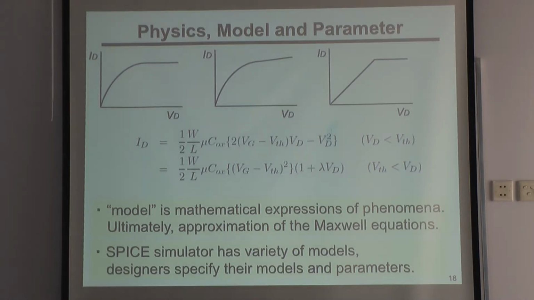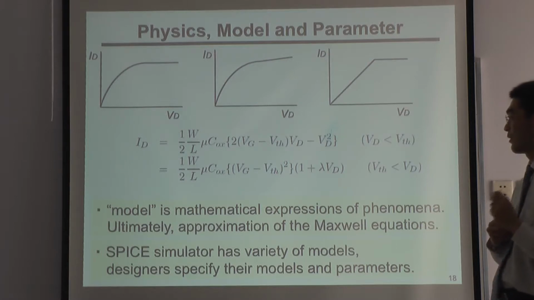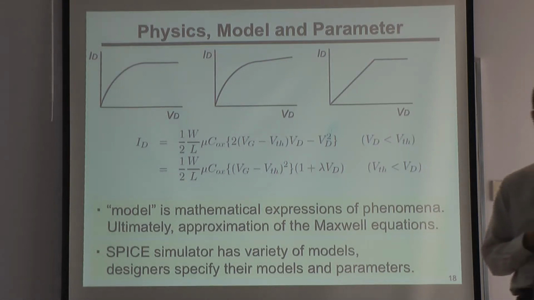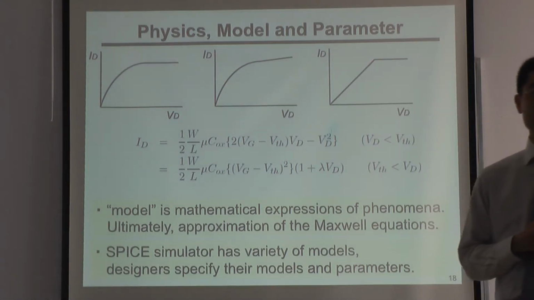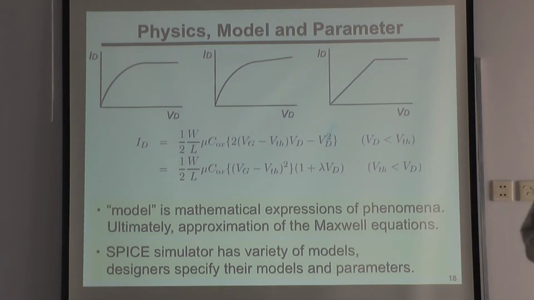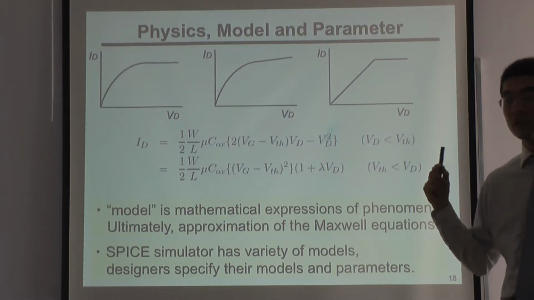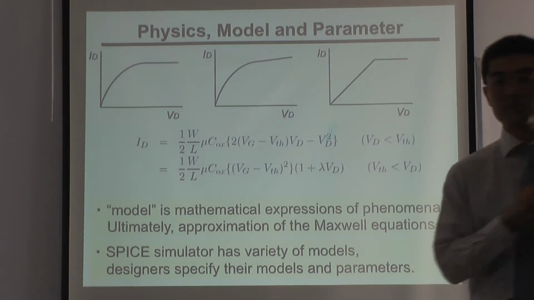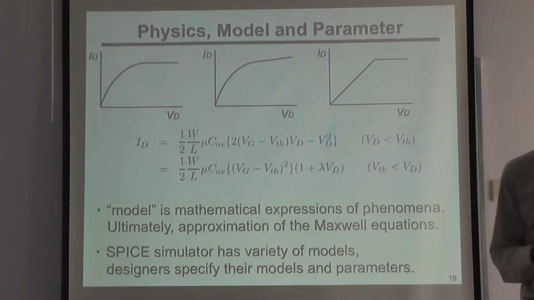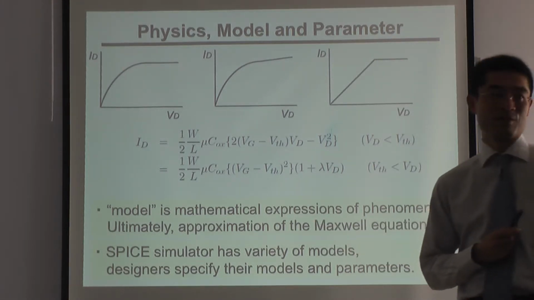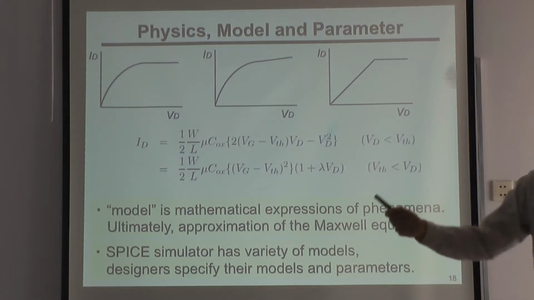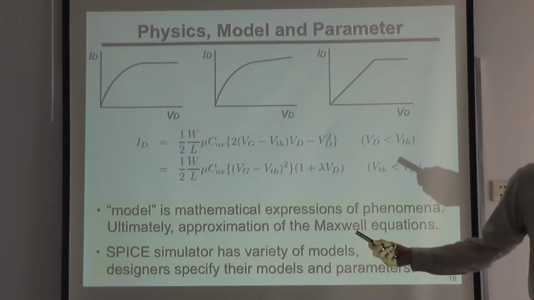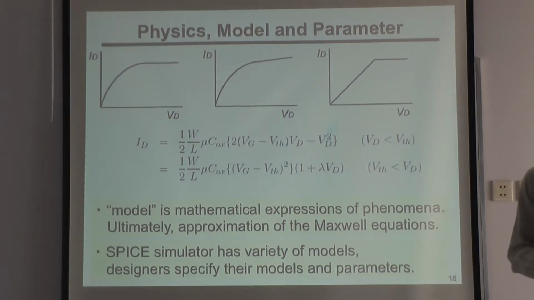And ultimately, all the models are approximations of Maxwell equations. So solving Maxwell equations is always correct, but it takes very, very long time, and it's impossible to simulate the whole circuit by using Maxwell equations. So we want to simplify the Maxwell equations into some very simple equations.